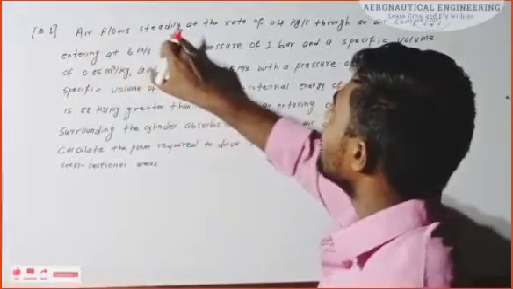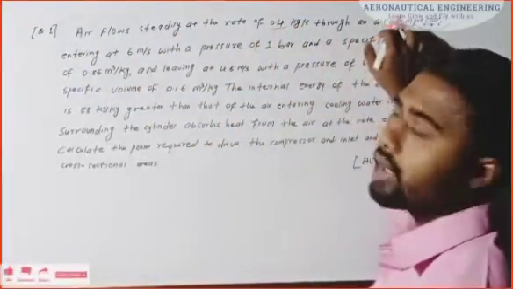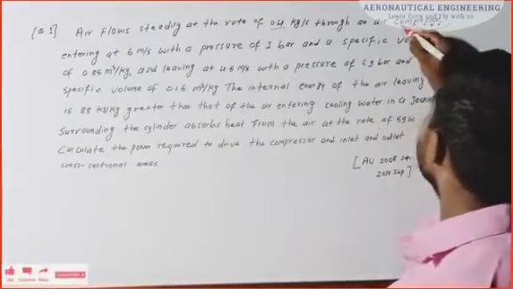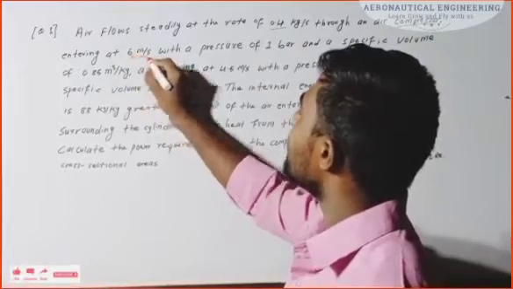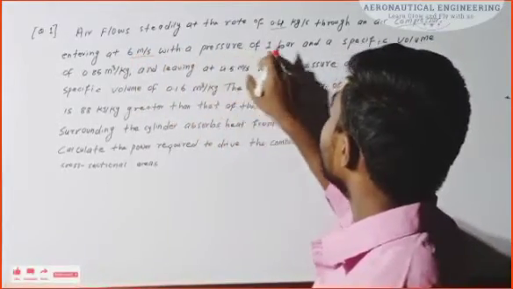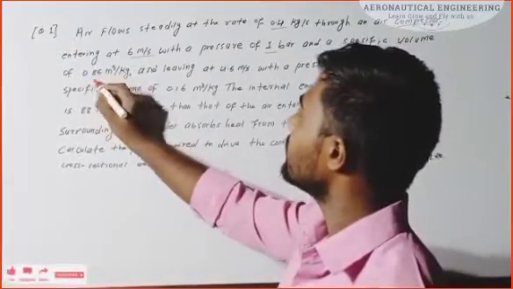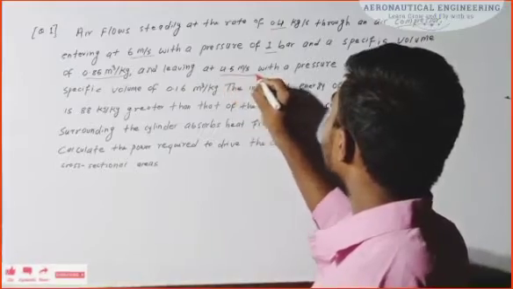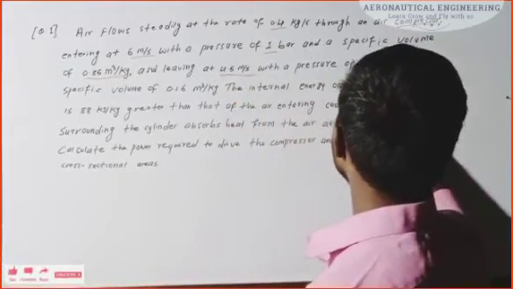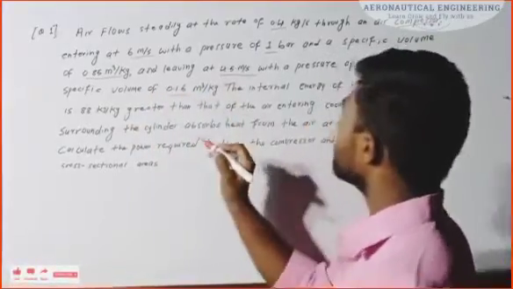Let's see the first question. Air flows steadily at the rate of 0.4 kg per second through an air compressor, entering at 6 meter per second with a pressure of 1 bar and a specific volume of 0.85 meter cube per kg, and leaving at 4.5 meter per second with a pressure of 6.9 bar and a specific volume of 0.16 meter cube per kg.